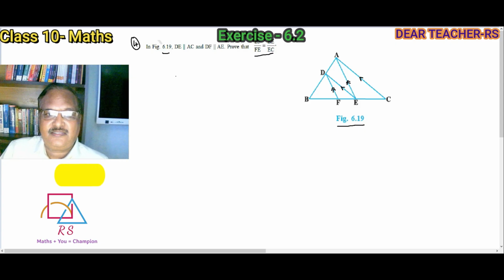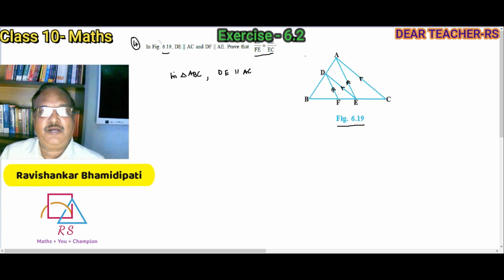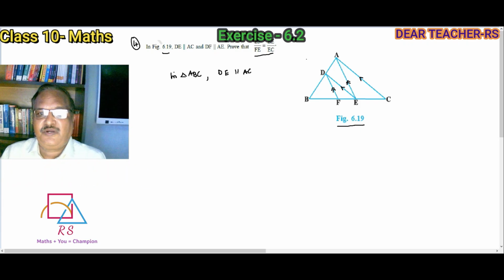So for this I will take triangle ABC first. DE is parallel to AC. So you can apply the basic proportionality theorem. You have to find out whether to apply BPT or its converse. So BF and EC, smaller parts are only there.